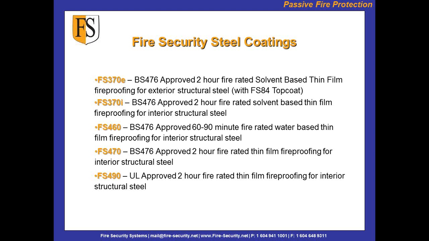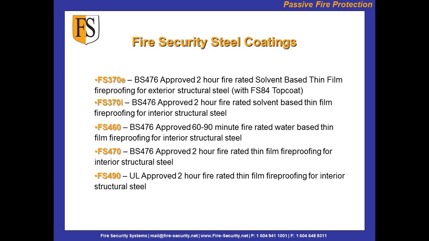So the 370E, as we see here, is a 2 hour fire rated solvent based thin film for exterior structural steel. And you utilize our FS84 top coat. The FS84 top coat's sort of, you're talking microns in thickness once the FS370 is fully cured.